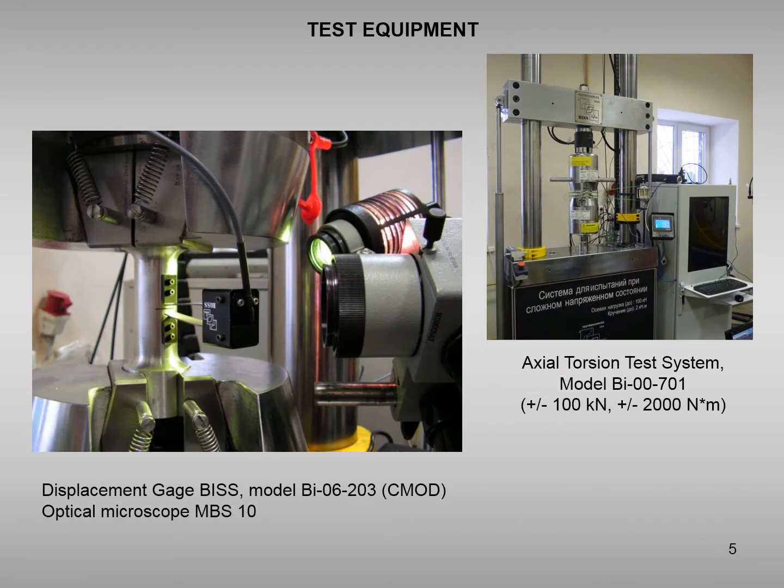Complex stress state tests were performed by using the following equipment: servo-hydraulic test system with capacity ±100 kN and ±2000 Nm. Crack depth and crack length were measured by displacement gauge, crack mouth opening displacement, and optical microscope.